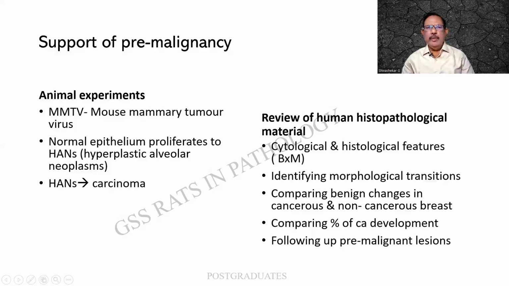This is extremely important. Even this morning, we had reported a slide on an infiltrating ductal carcinoma, and the adjoining breast was showing features of sclerosing adenosis. Comparing the percentage of cancer development and following up the pre-malignant lesions. It is only with these two, the animal experiments and the human histopathological material, that we are able to study the sequence of development of the precancerous lesions.